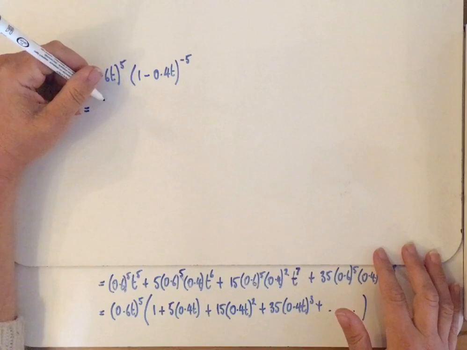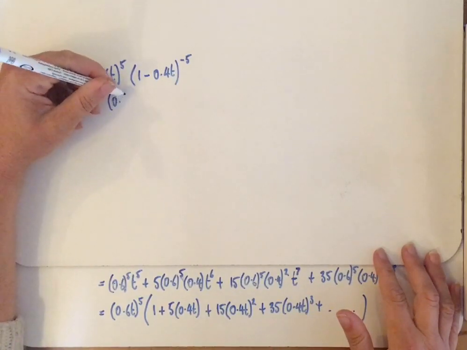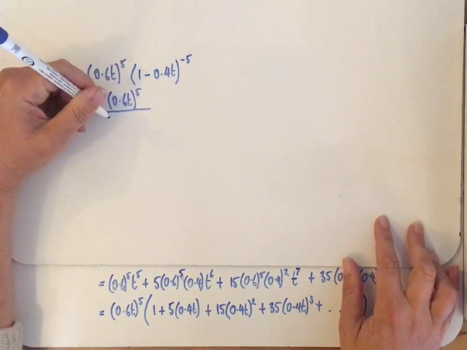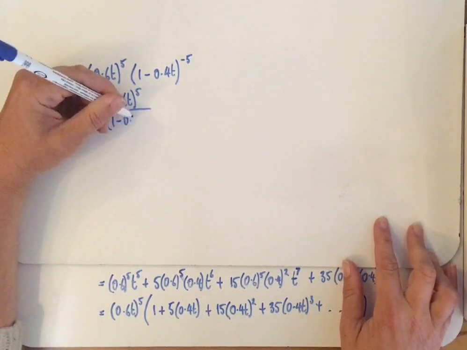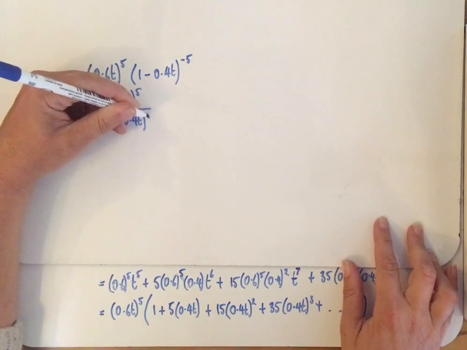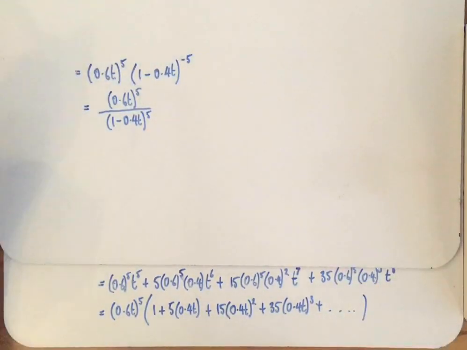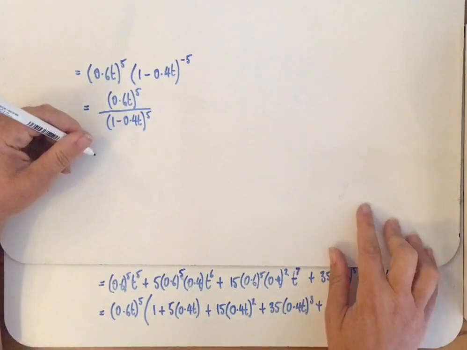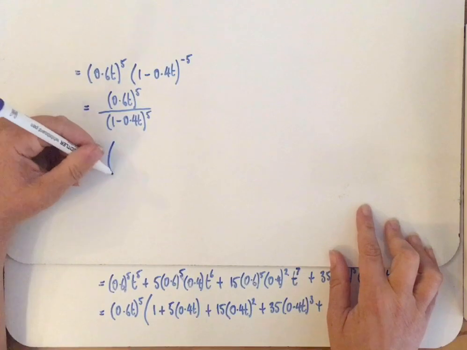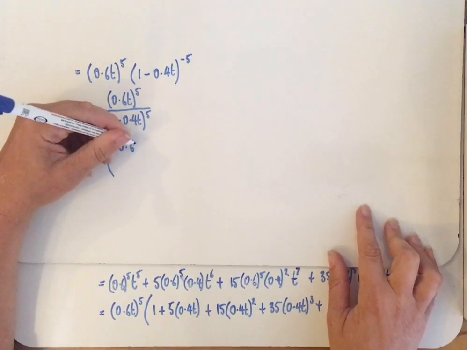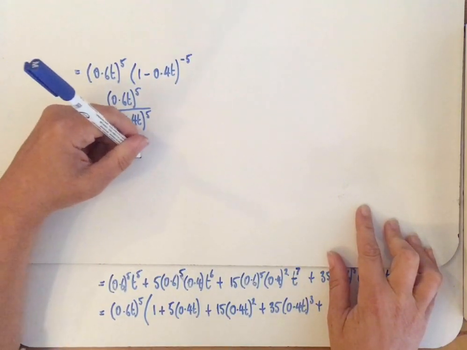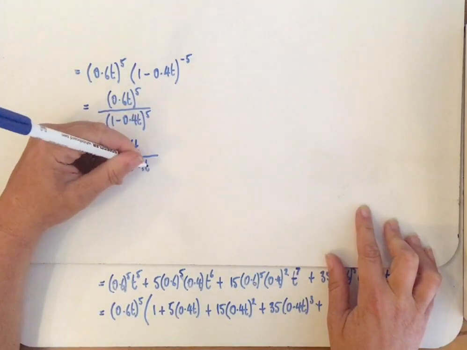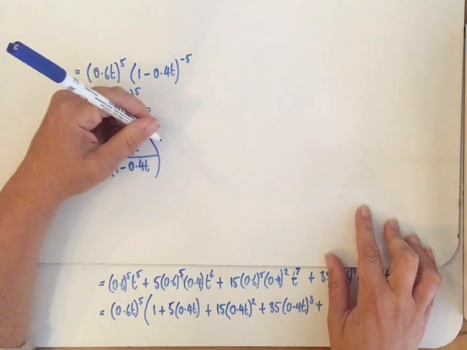And so that goes to 0.6t to the power 5 over 1 minus 0.4t to the power 5. So I'm just bringing that negative power underneath the fraction. And then I can pull the power 5 out of all of it, and you get 0.6t all over 1 minus 0.4t to the power 5.